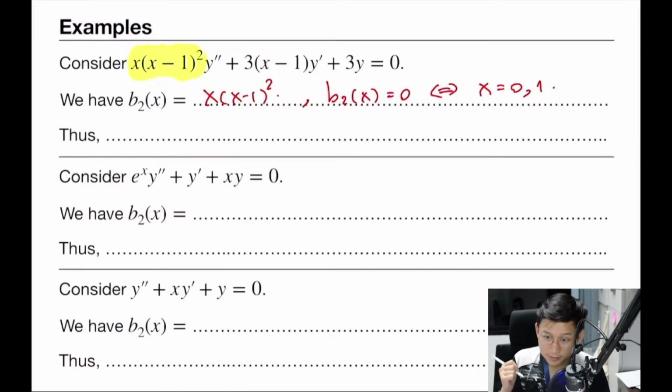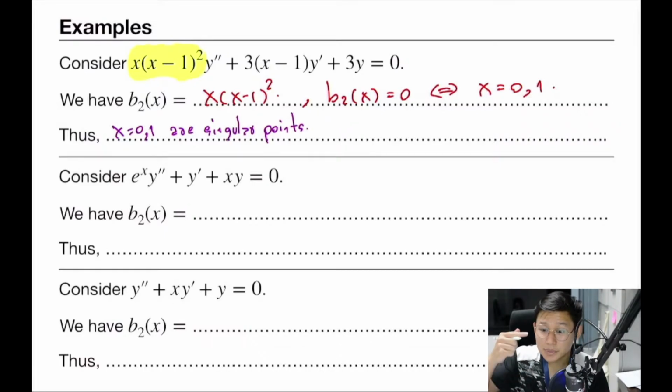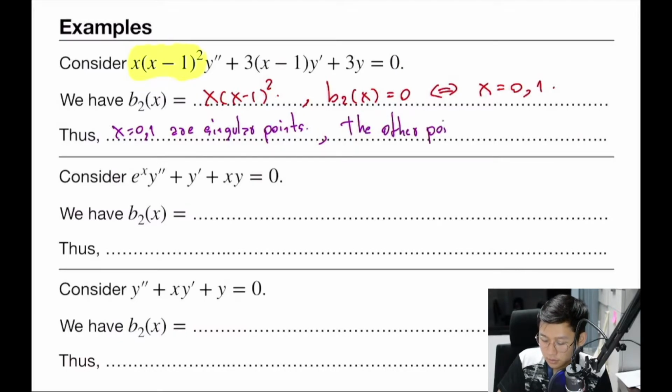If x is 1, b2(x) is 0 as well. So x equals 0 and 1 are singular points because they make b2(x) 0, and any other points are ordinary.